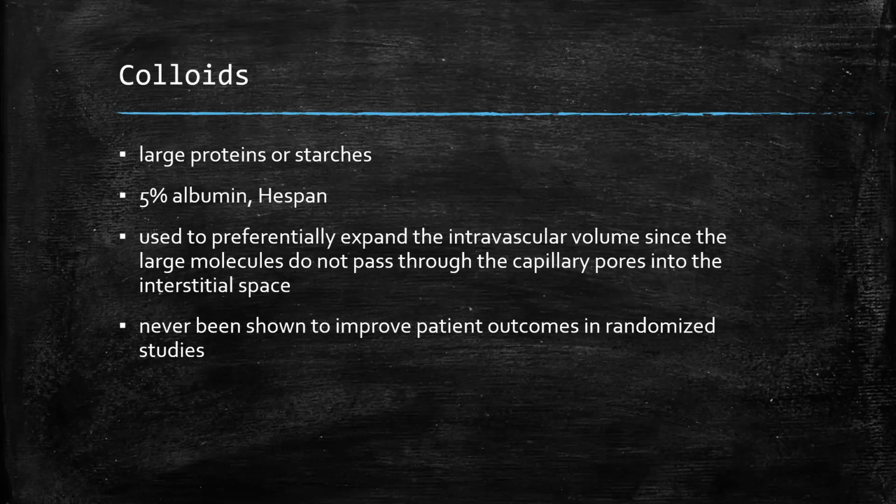So when you just want to resuscitate or increase the intravascular space, these would be theoretically very good choices since they should not move into the interstitial space, and remember that interstitial space is 75% of the extracellular space. In certain cases, we would like not to have the movement from the intracellular space into the interstitial space. So the point of these colloids is to stay in the intravascular space.